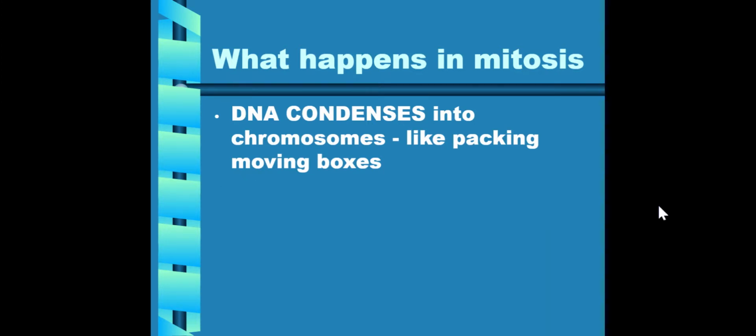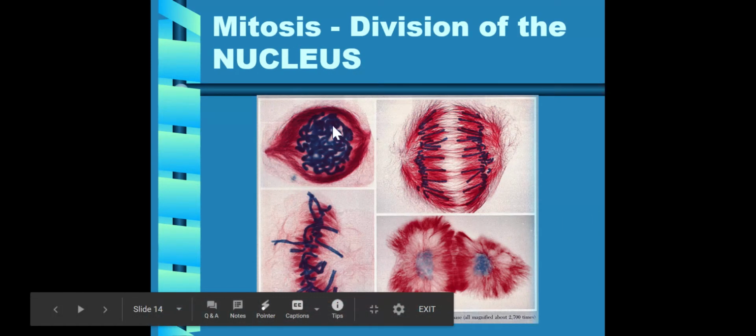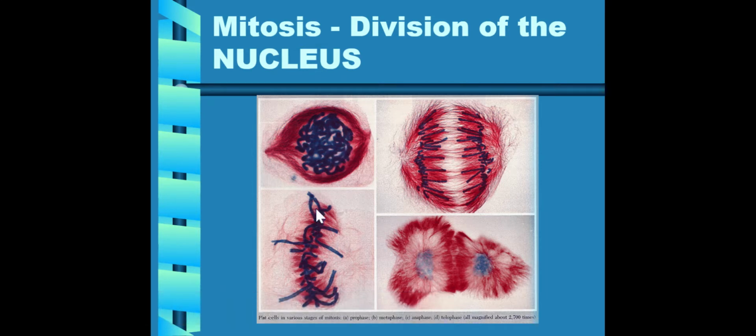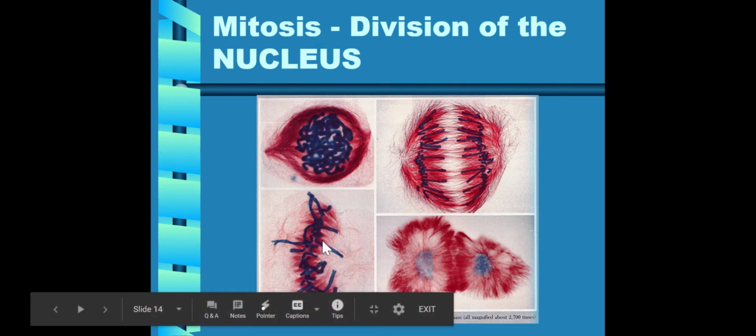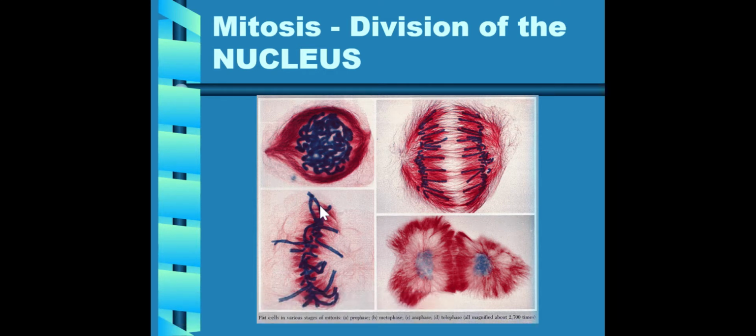So if we go back to the last slide, here's where the DNA condenses into chromosomes, moving day, and then they line up in the center, and each chromosome has 2 exact copies attached together, 2 chromatids attached together at the centromere. So one chromatid goes to this side, one to this side for every chromosome.